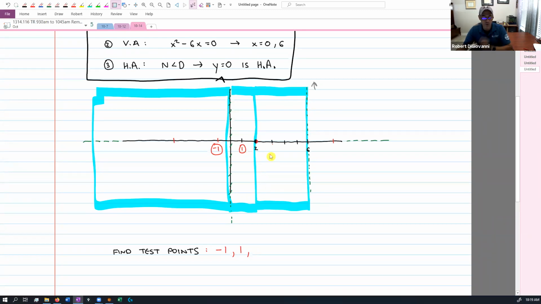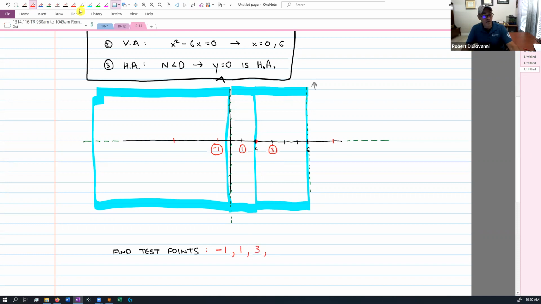I need one test point in here. So what do you want? We have some good choices. 3. 3, okay. We could have used 3. We could have used 4. We could have used 5. We could have used 3.267. Doesn't matter, but it makes more sense to pick a nice number, right? So let's pick 3. 3 will be a test point.